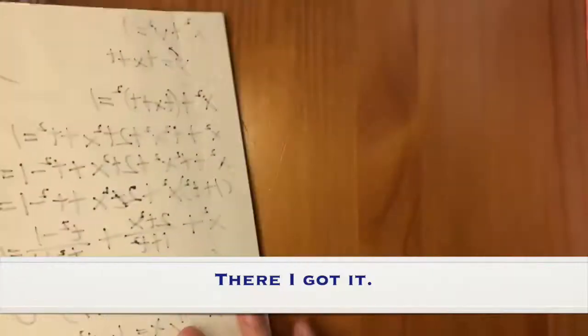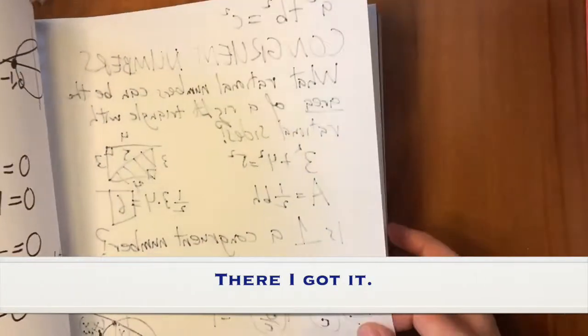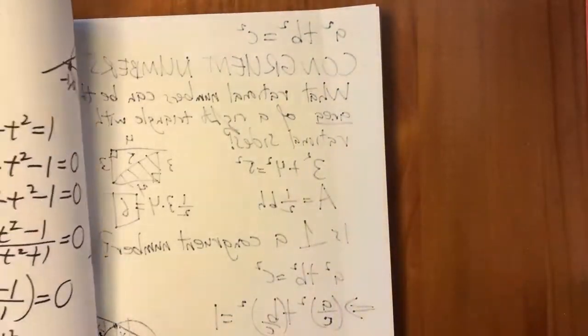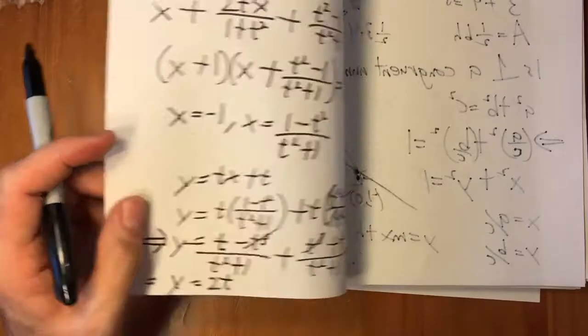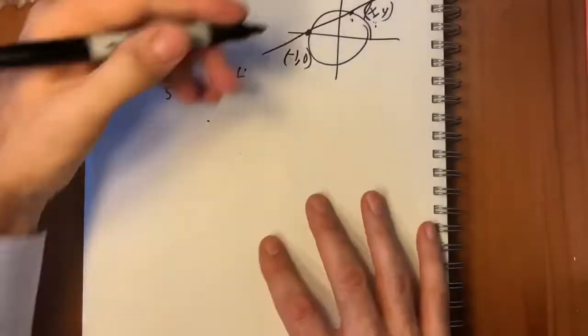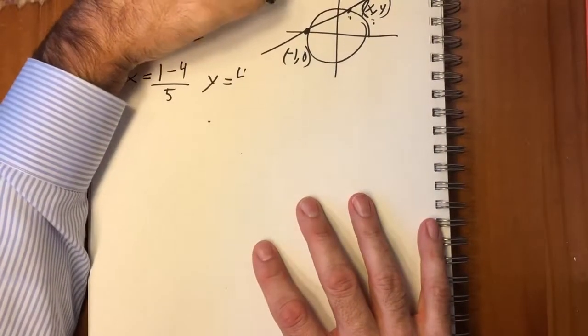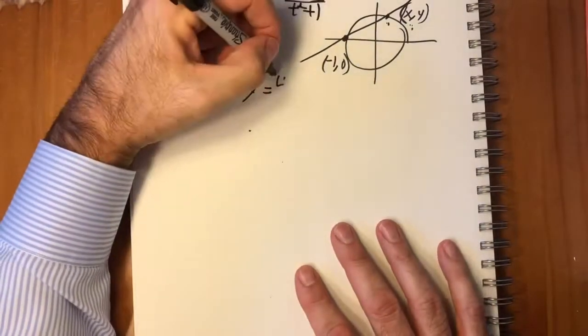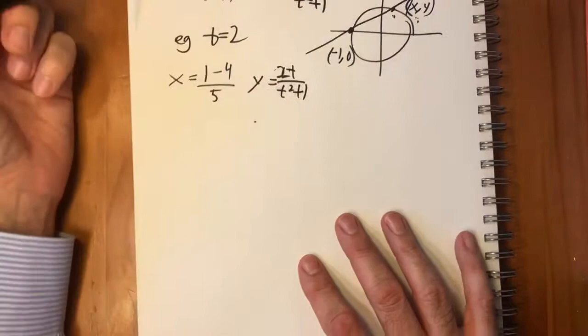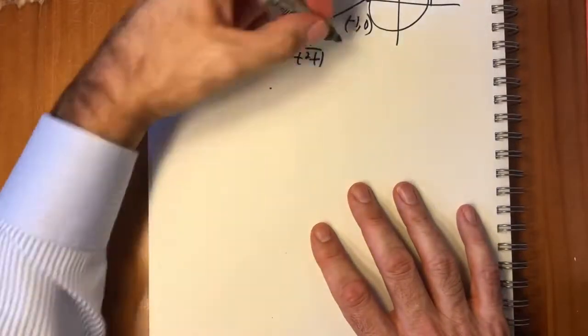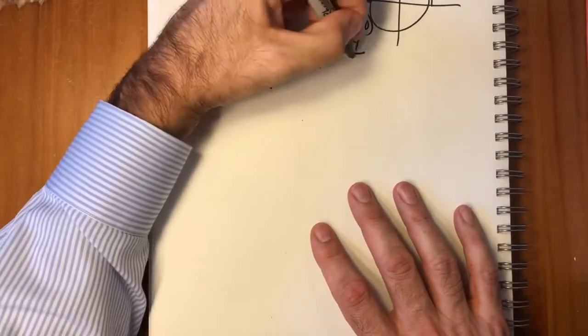This must also be over t squared plus 1, right? Yes, of course it is. Look, it's 2t over t squared plus 1, okay? So y is 2t over t squared plus 1. So that equals 4 over 5.